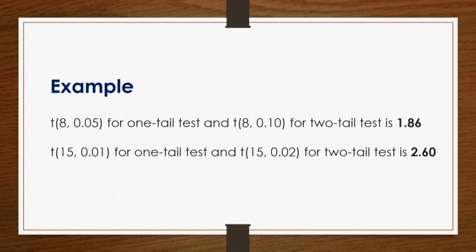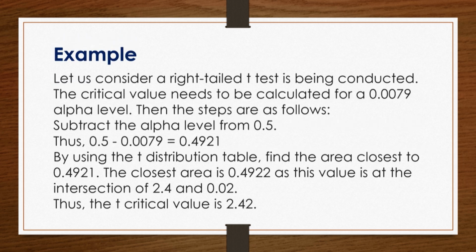Similarly, for another example, we see t with 15 degrees of freedom at 1% level of significance for one-tailed test, and t of 15 degrees of freedom and 0.02 for two-tailed test, the value is obtained as 2.60.